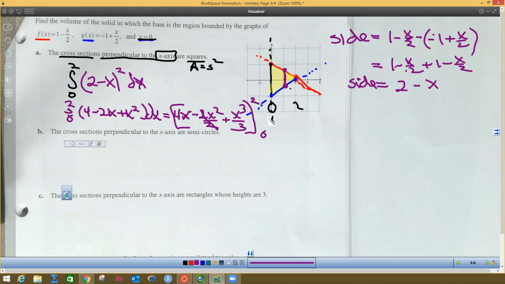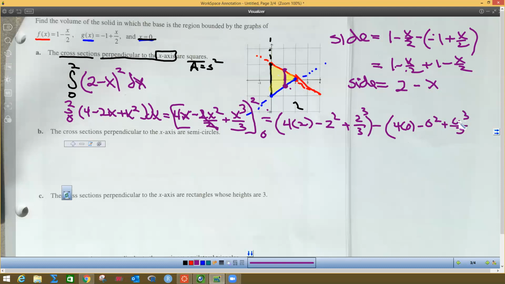So this is going to equal, I have to stick my 2 in first. My upper bound is 4 times 2 minus 2 squared plus 2 cubed over 3. And then minus my lower bound, which is 4 times 0 minus 0 squared plus 0 cubed divided by 3.